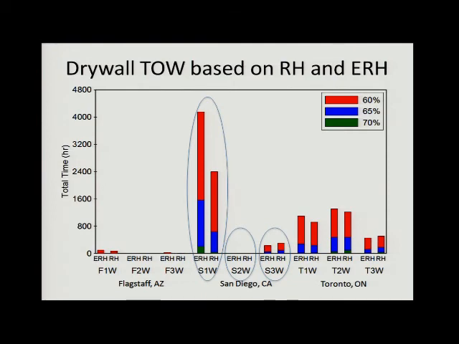You have these offices that are in the same building, and they have very different material parameters for the same material in each of the offices. And then look at the difference between equilibrium relative humidity and relative humidity. I circled the most extreme case here, but there are thousands of hours of difference between them in the time of wetness. So if you're just measuring relative humidity, you're not going to capture the full picture of moisture in these offices.